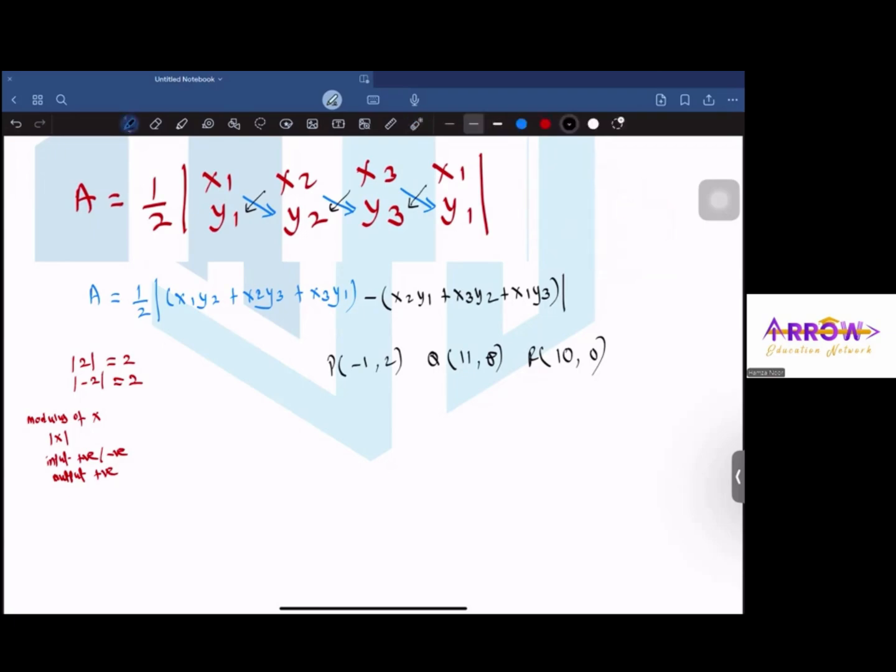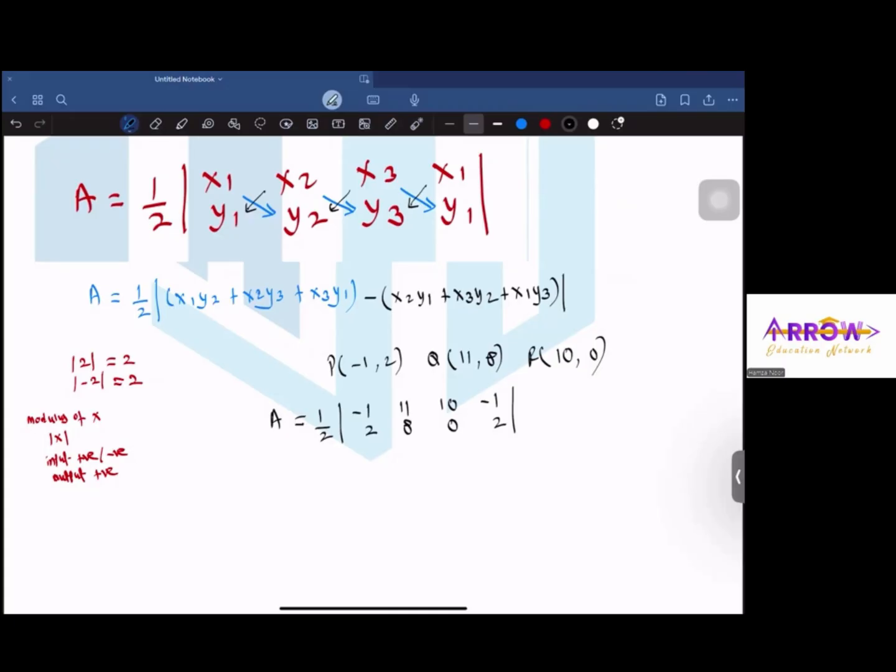All right, so what I'm going to say is that area is equal to half multiplied by, first you make the modulus sign over here. So minus 1, 2, 11, 8, 10, 0, and then you mention the starting point again, minus 1, 2 again.